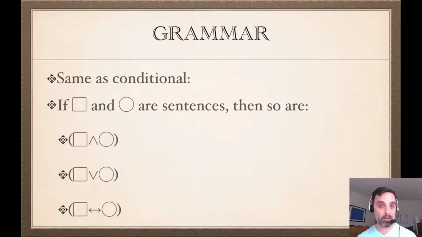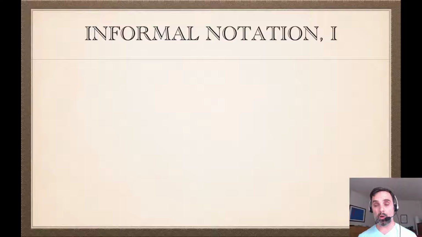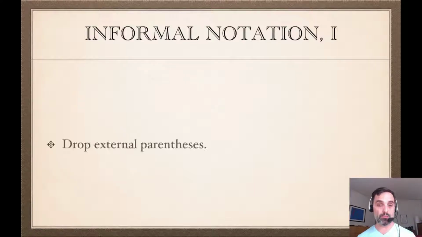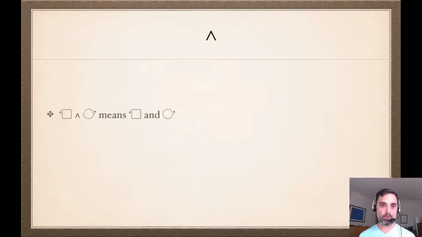So grammatically they have the same role as the conditional, and we're going to expand our notion of informal notation, but our initial informal notation from Chapter 1 remains, so we can drop external parentheses. So, for example, here we have on the left square, wedge, circle, and that's informal notation.